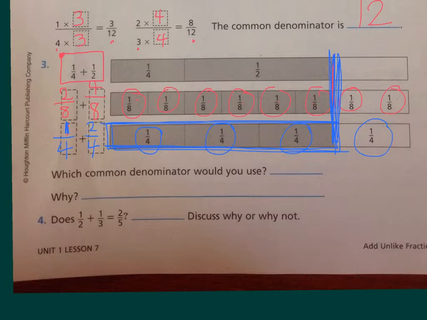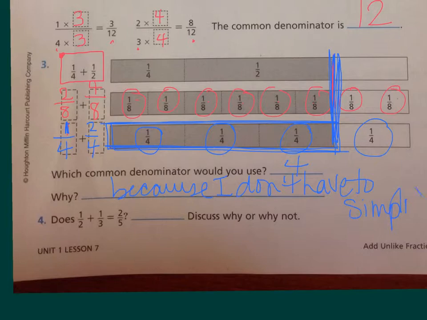So that's why it's important to pick the common denominator that is the smallest one you can pick. The common denominator that I would use would be the 4, because then I don't have to simplify. Because it's already simplified. 3/4. Doesn't get any simpler than that.